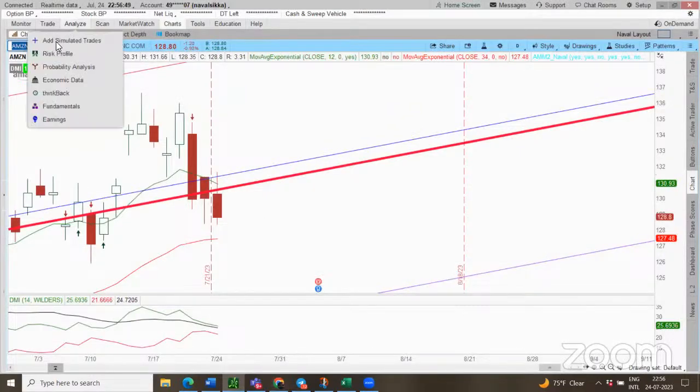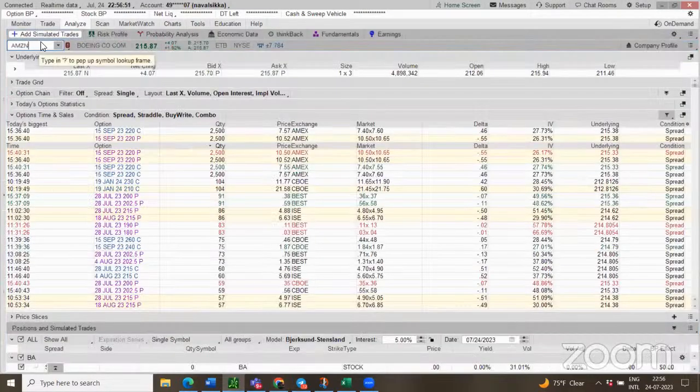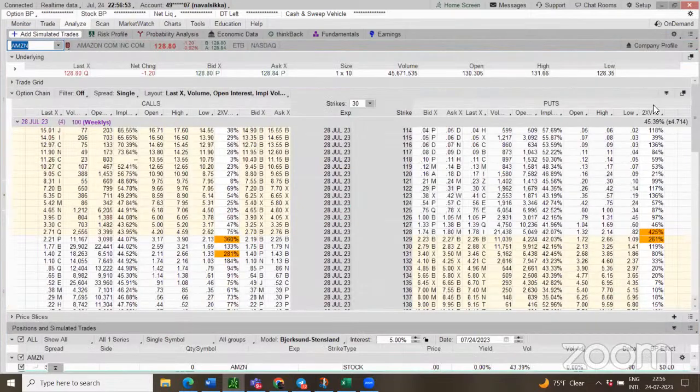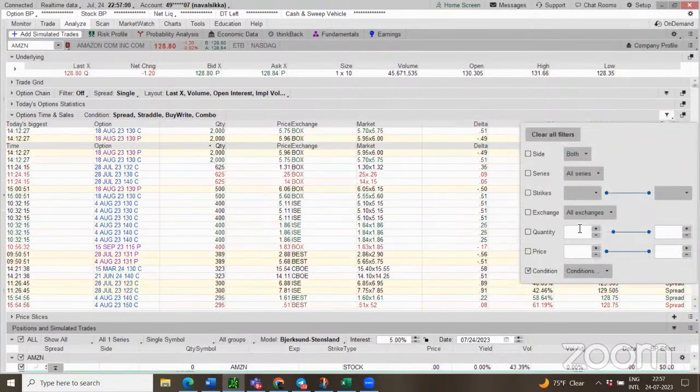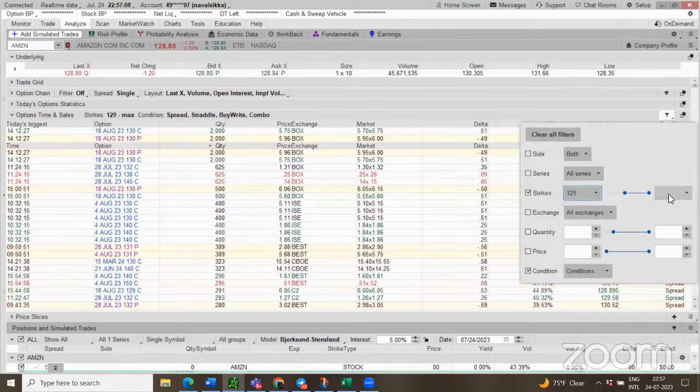Let's go to analyze. Let's go to Amazon. Let's look at option times and slices. The strike was 129. I'm only looking at 129.